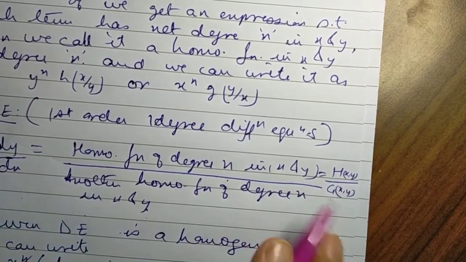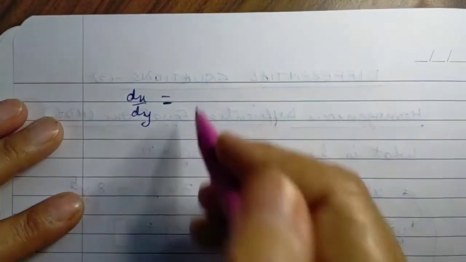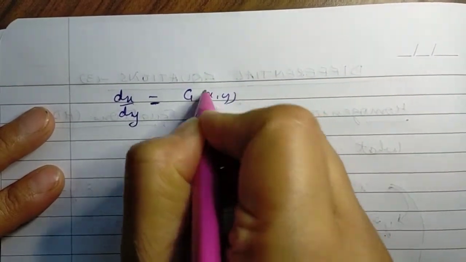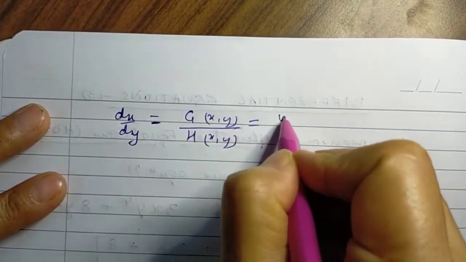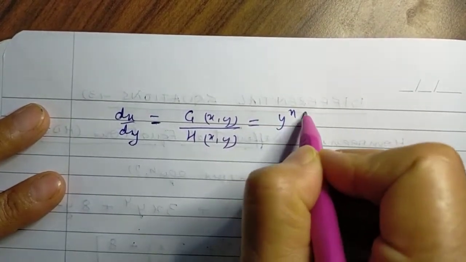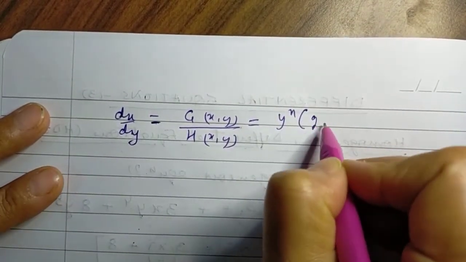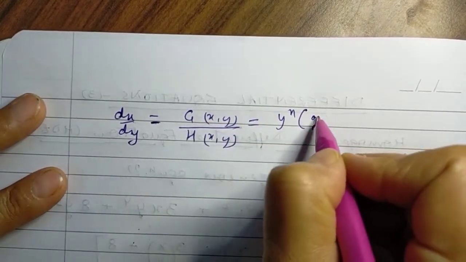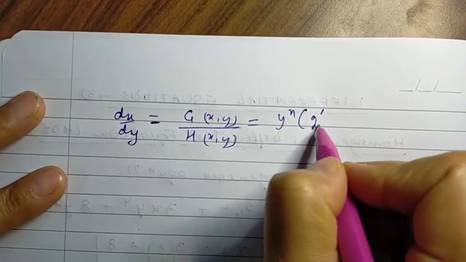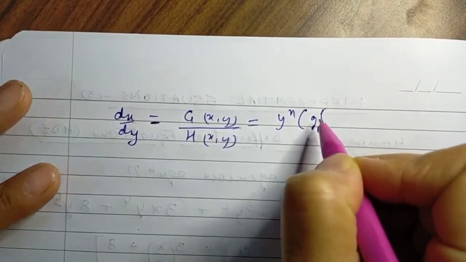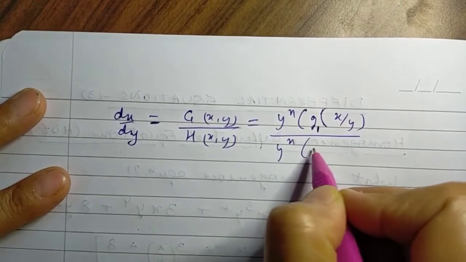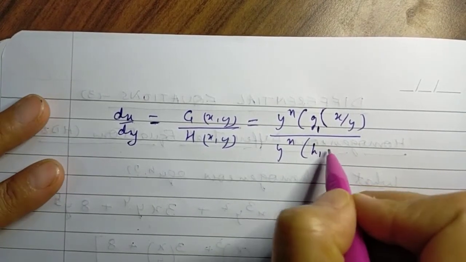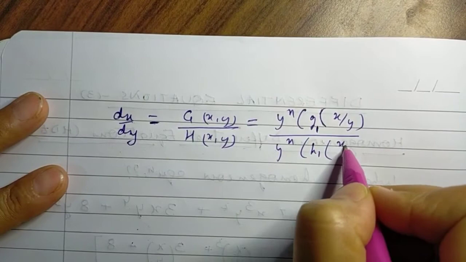So dy by dx is something like this. The same expression I can write as dx by dy, where g comes in the numerator and h comes in the denominator, and here I can take y raised to the power n common, and I'll be getting some function, let's say g dash, instead of writing g dash, let me write g1 of x by y upon y raised to n, and I get h1, some other function h1 of x by y.